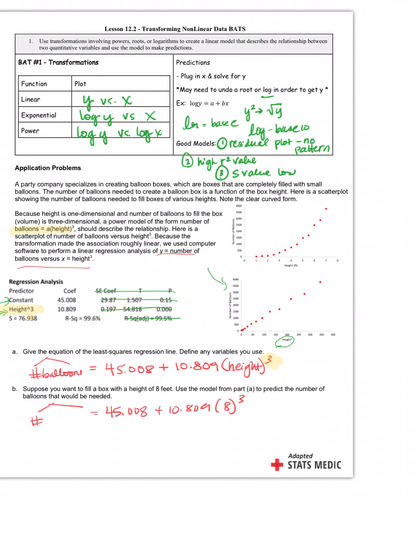It's going to predict the number of balloons. So when I number crunch all that, I get 5,579.2 balloons. I'd probably round up to 5,580, as long as the box can handle it.